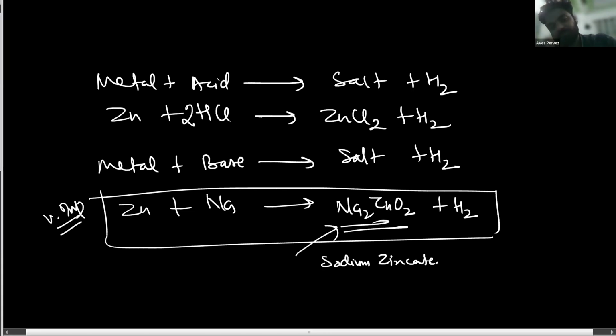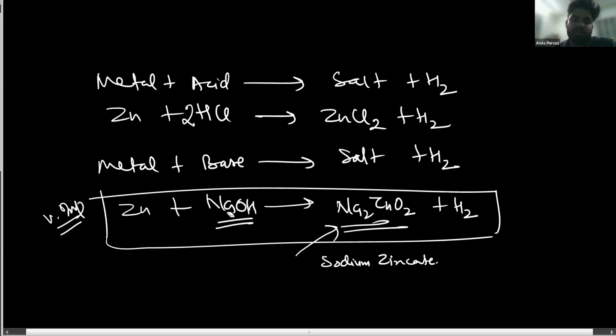You understood? Yes, sir. So when metals react with base NaOH, they form salt plus hydrogen gas.